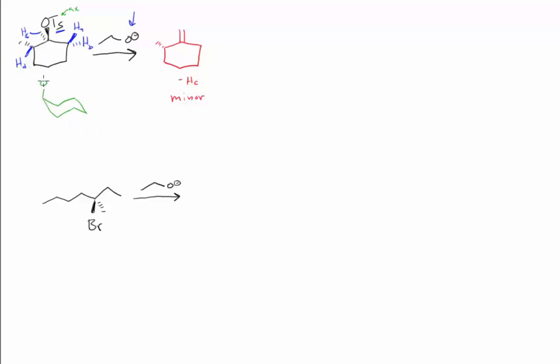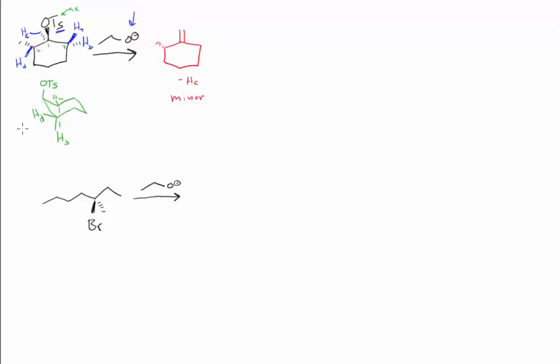I'm going to use this one. So that's carbon 1. Carbon 2 is right next door. HB is down. HA is up and equatorial. And then this would be carbon 6. Carbon 6 has a methyl that's down, and it has HD up and equatorial.